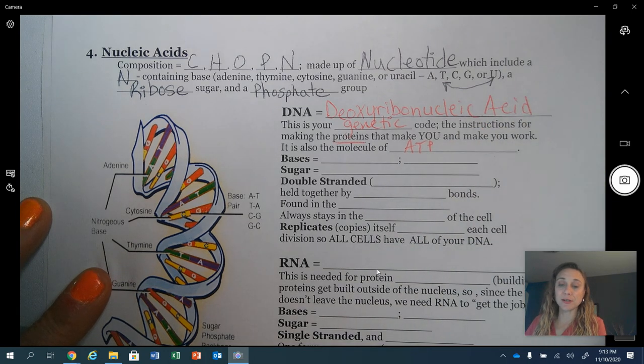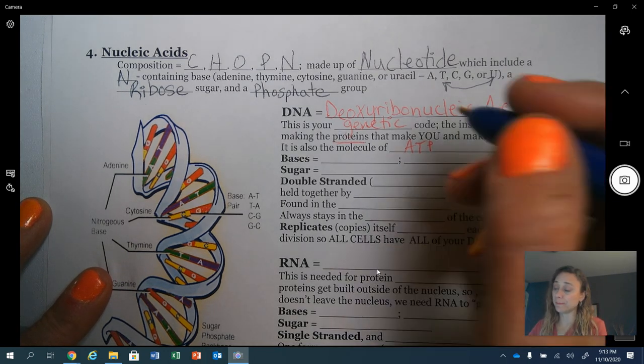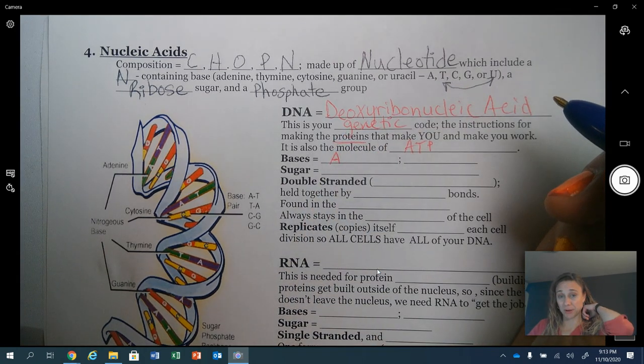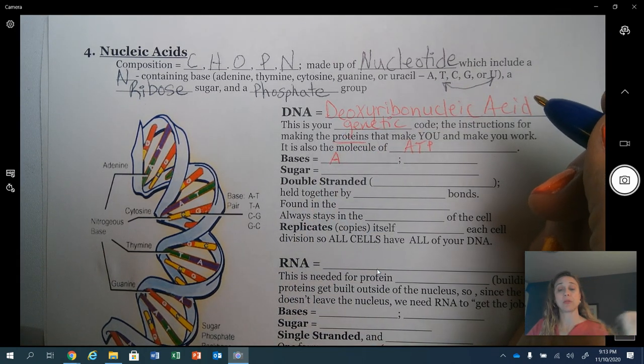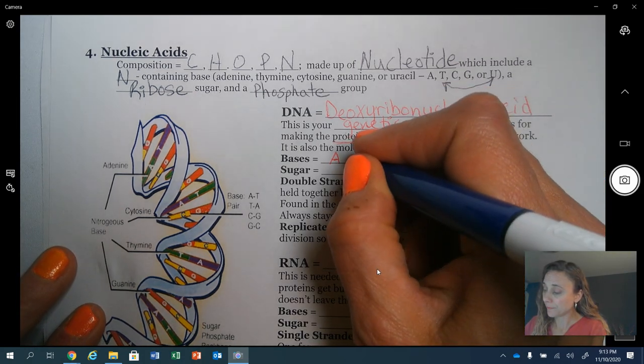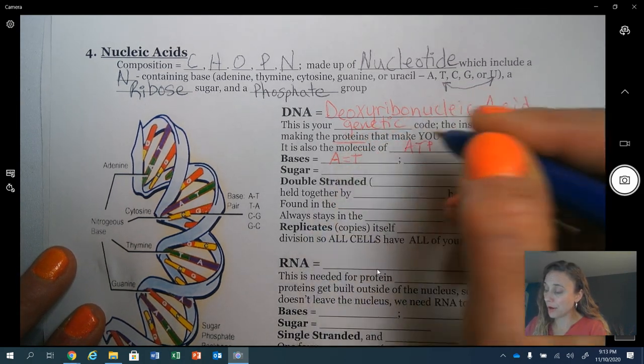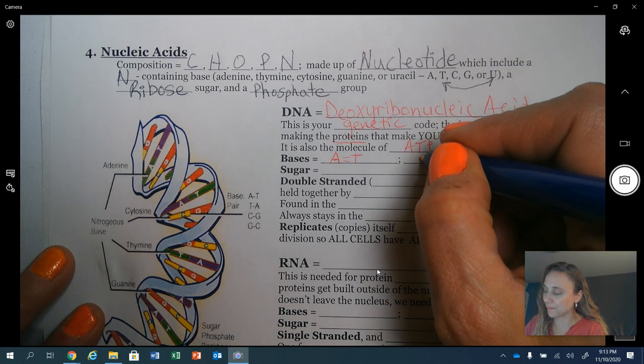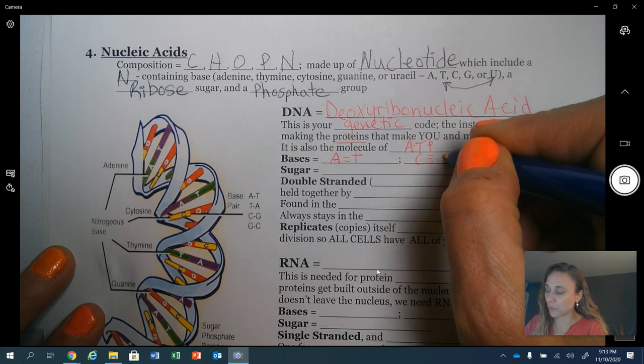So the bases, let me just say that the adenine, it's going to be double stranded in eukaryotes. So if it pairs, it's going to be adenine with the thymine, a double bond, or at least hydrogen bonds at two places, and then the cytosine at three places with the guanine.